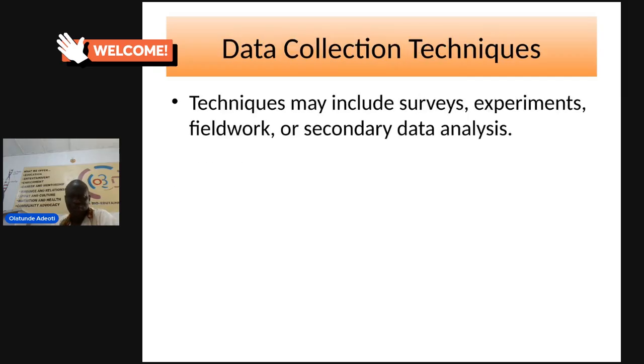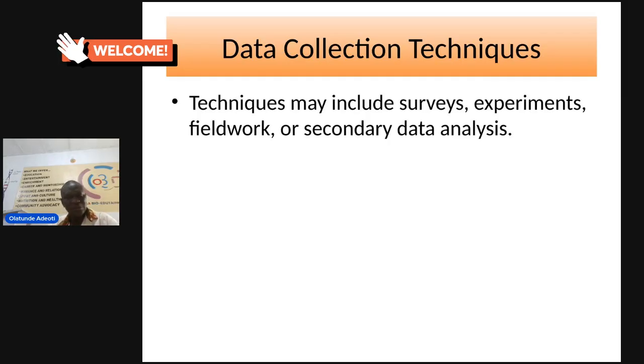Then you now go to data collection techniques. These techniques will include survey, experiments, fieldwork, and secondary data analysis. We are going to see all of this, but you should know that all of this will come under your chapter 3, which is materials and methods.